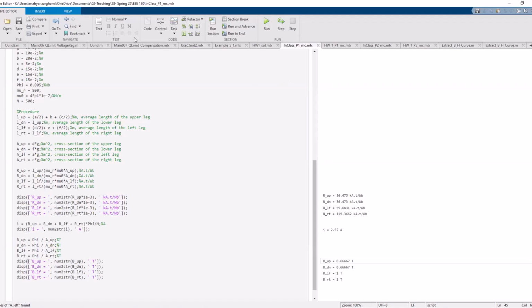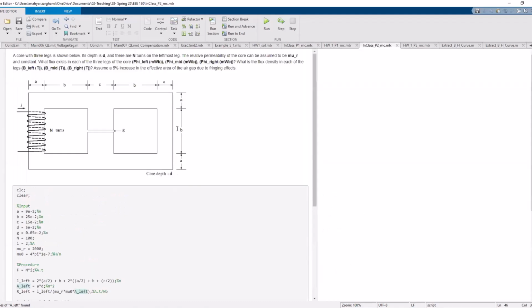The second problem is showing a core with 3 legs with the dimensions that have been mentioned in here. We have N turns on the leftmost. Depth of the core is D. And the relative permeability is mu R. It is constant.